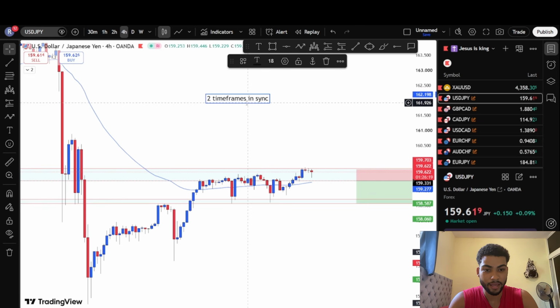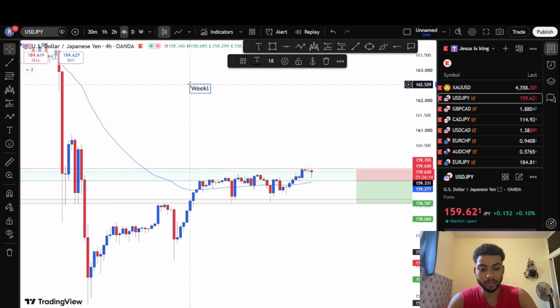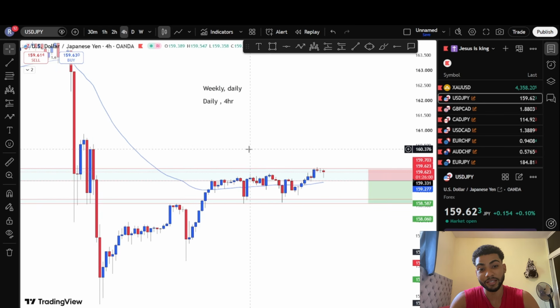What does that mean? I need either the weekly and then the daily in my favor, or the daily and the 4-hour in my favor. Or if I have 3, weekly, daily, and then the 4-hour, even better.